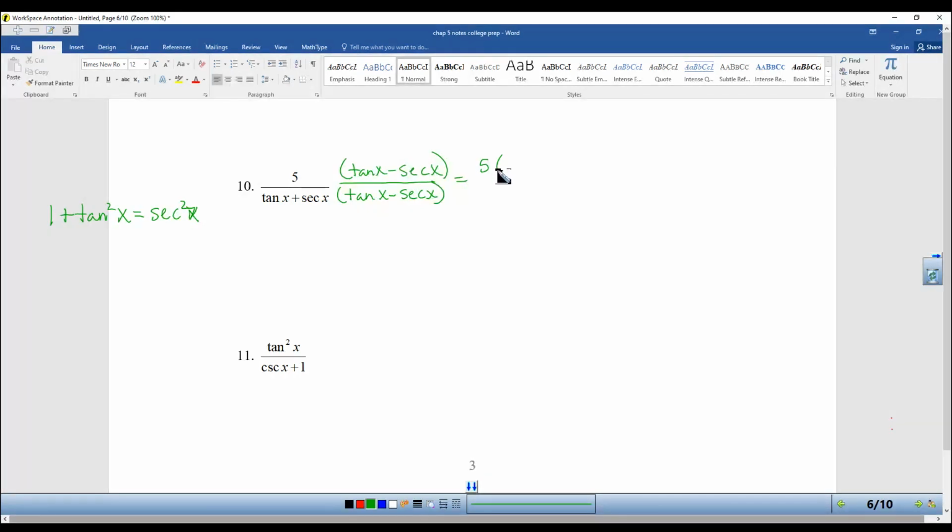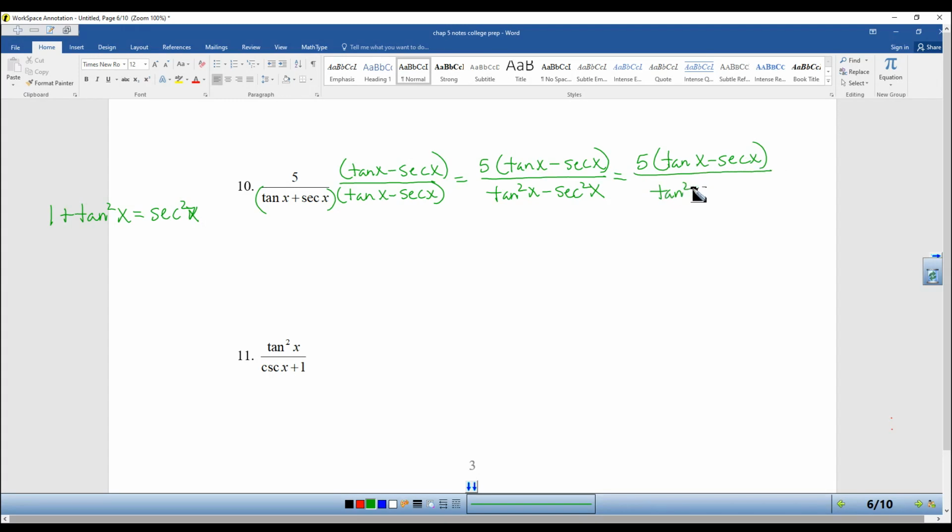And that gives me 5 times tangent of x minus secant of x all over, I'm going to use FOIL, which will give me tangent squared x minus secant squared x. That might be one of the ways you have this rewritten, if you have it written 5 different ways. But if not, there's never a problem with only having it written one way on your appendix and then just making a replacement.